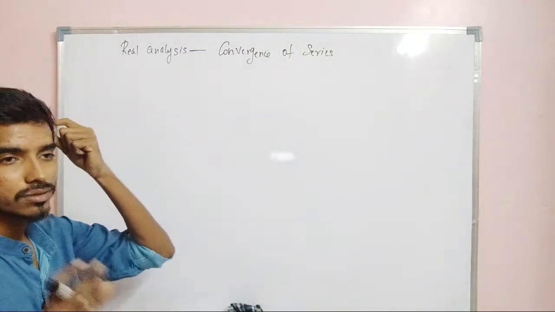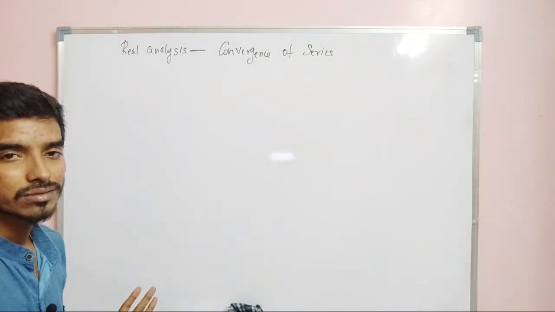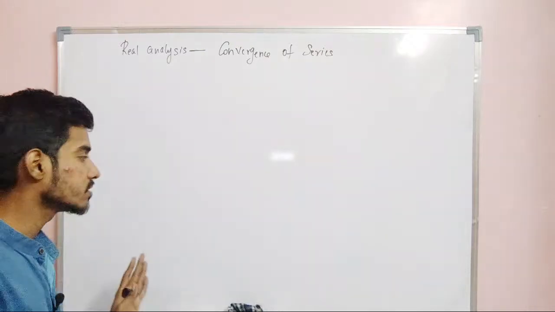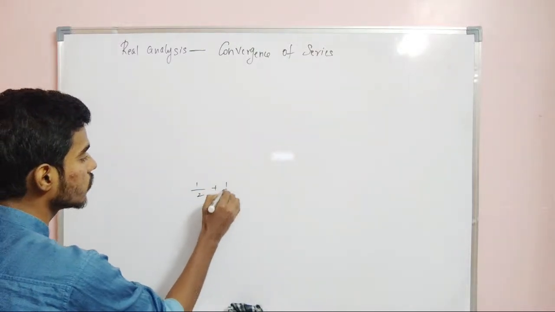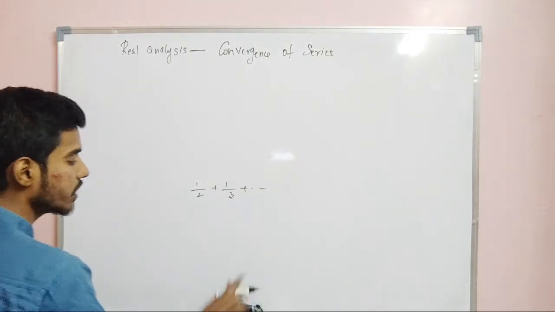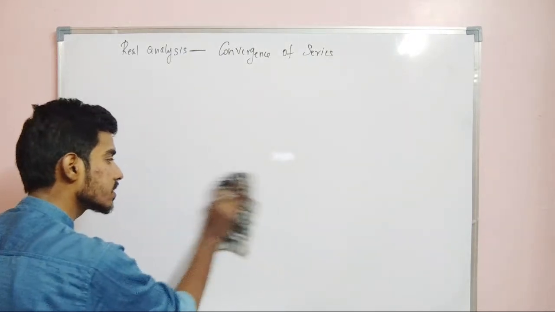In this video, first I will give you one theorem before getting into the comparison test. They will give one series, you know what a series is, for example 1/2 plus 1/3 and so on. We need to check whether the series is convergent or divergent.